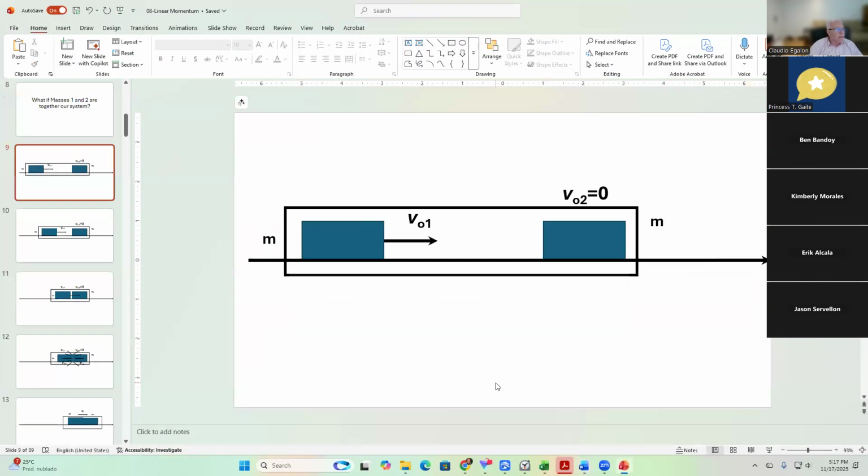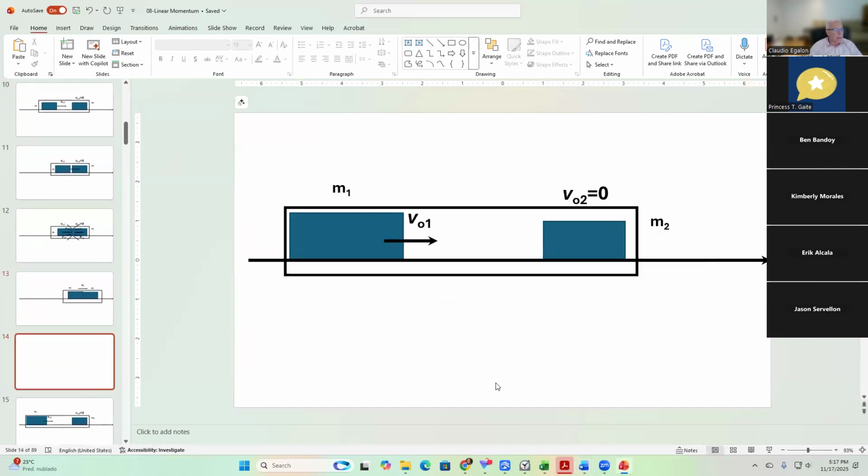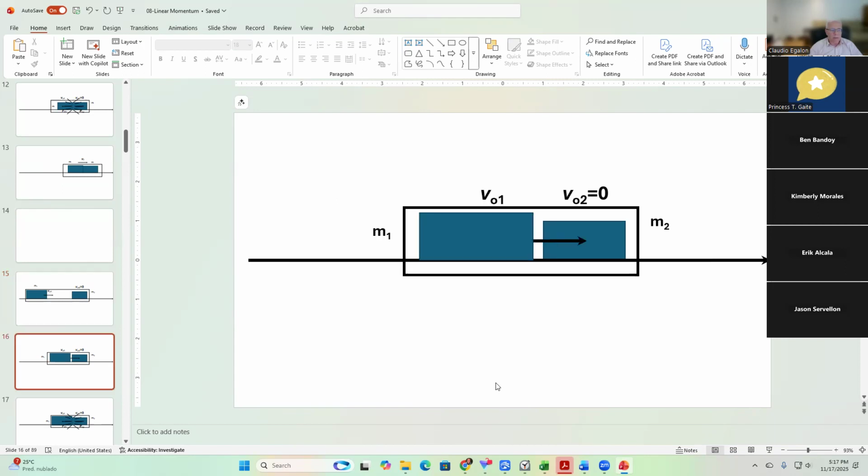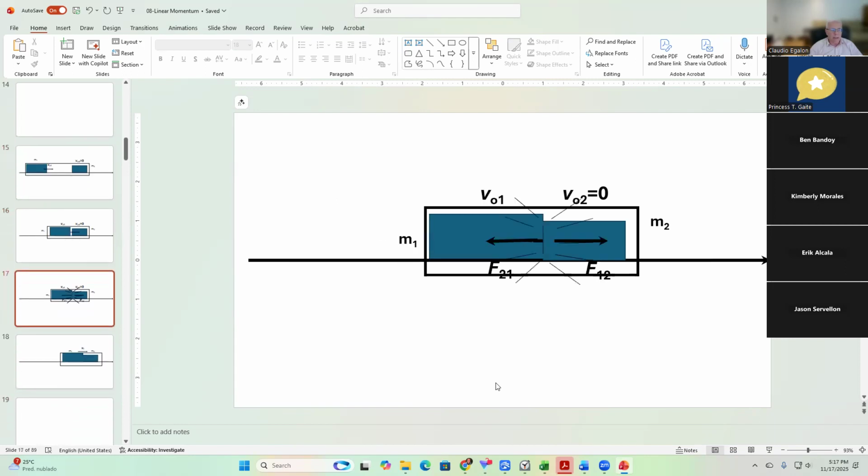Here we go. That is the next set of slides. Let's say M1 has a larger mass, so I drew it larger. It's moving towards M2. It's going to collide and they're going to interact with each other. Even though M1 is a larger mass, the forces are still going to be the same.